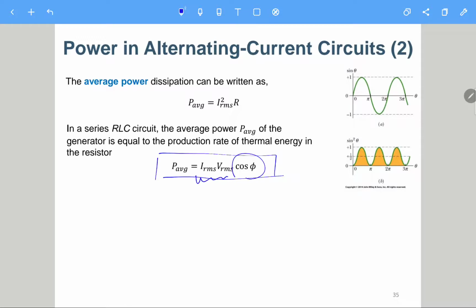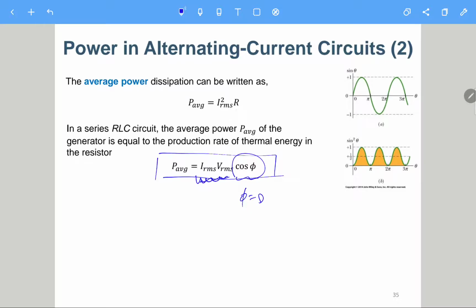If they are in phase, then phi is 0, then this factor is 1. But sometimes they are not.